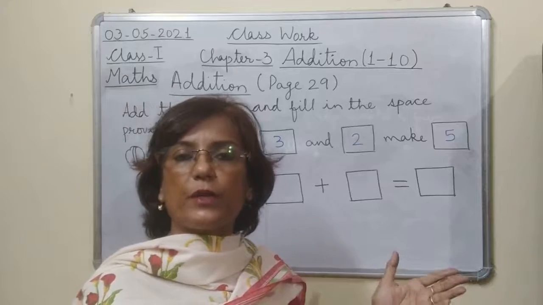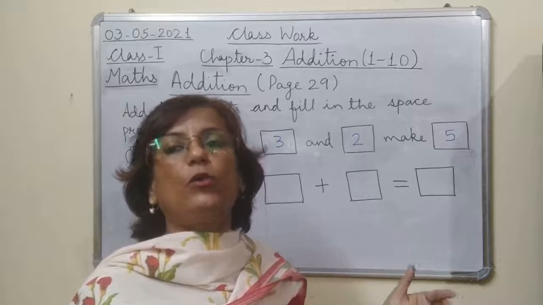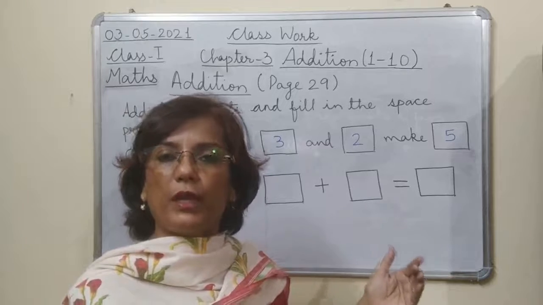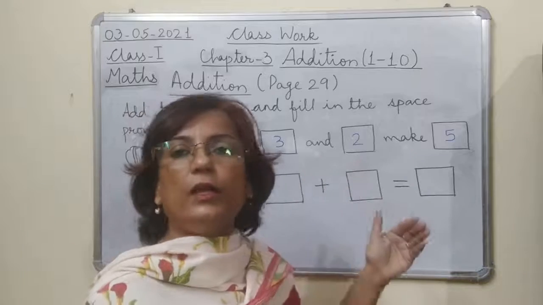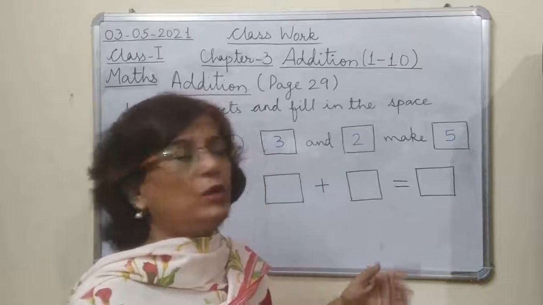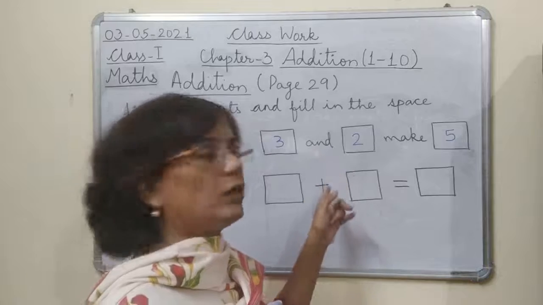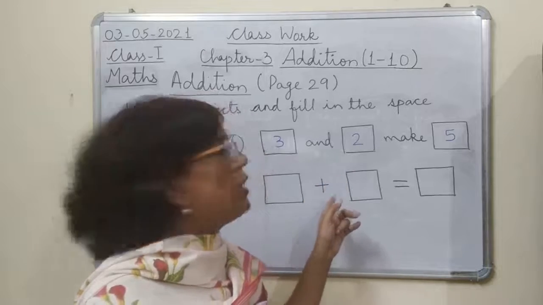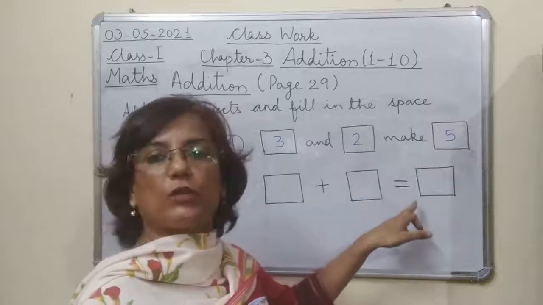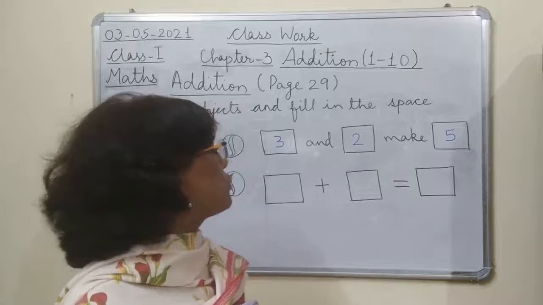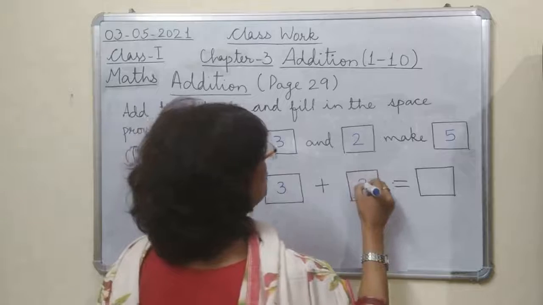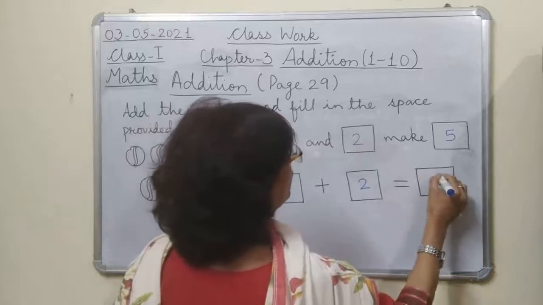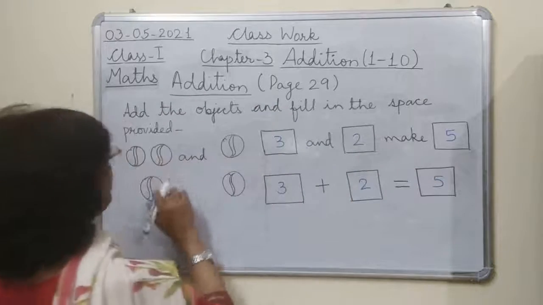This is a statement. इसी स्टेटमेंट को जब हम मैथमेटिकल फॉर्म में लिखेंगे. Okay. When we write this in mathematical form, in place of and, I've used the sign of plus. In place of make, we have used the sign of is equal to. So 3 and 2, that is 3 plus 2 is equal to 5. 1, 2, 3, 4, 5.